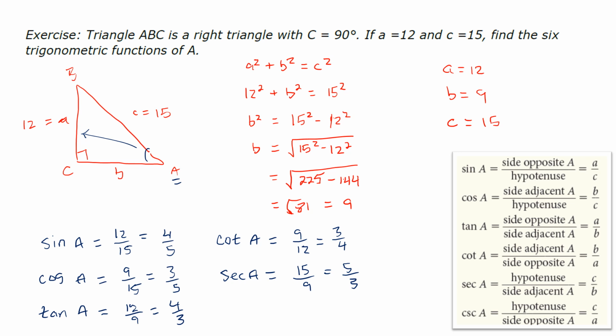And then we have the cosecant of A, which is the hypotenuse over the side opposite A, which is 12. So that simplifies to 5 over 4. And then this would be our answer for the 6 trigonometric functions of A.